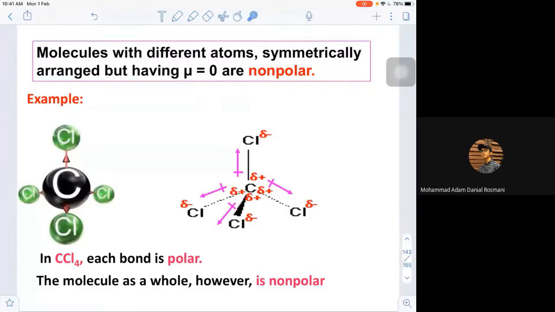This makes the dipole moments cancel out each other, and the molecule of CCl4 as a whole is a non-polar molecule. Even though all bonds are polar, since the shape is tetrahedral, all atoms are symmetrically arranged. It will make the molecule as a whole a non-polar molecule.